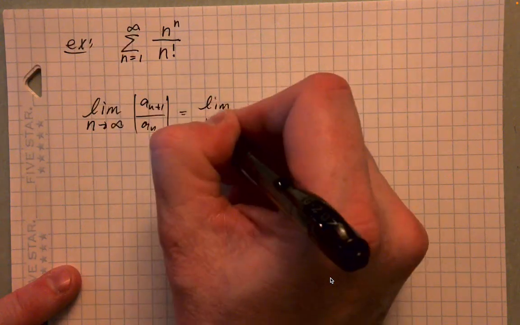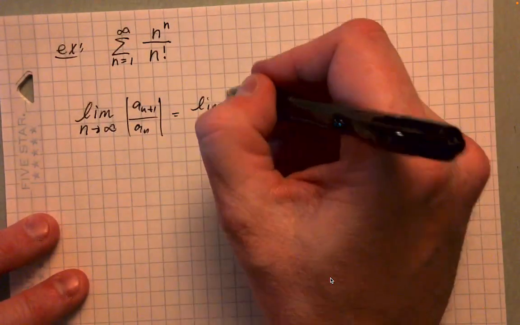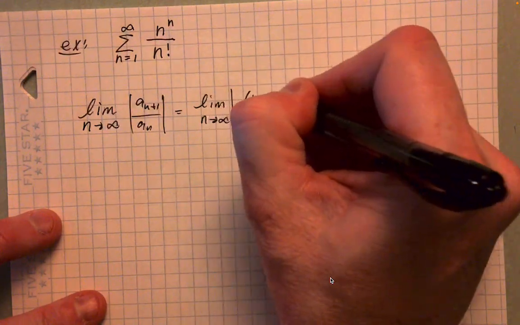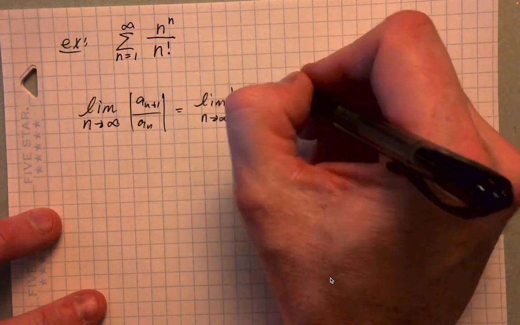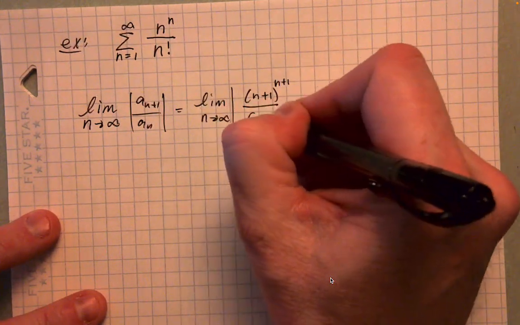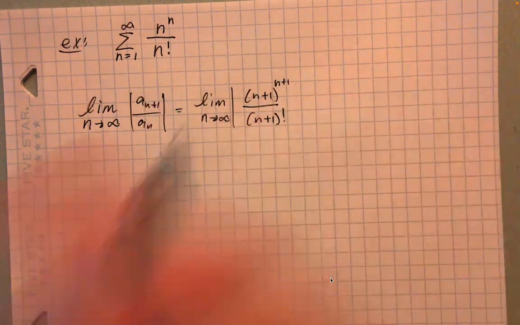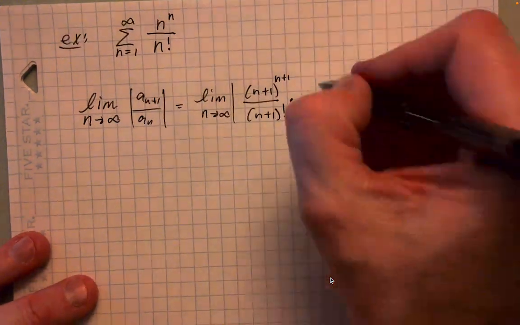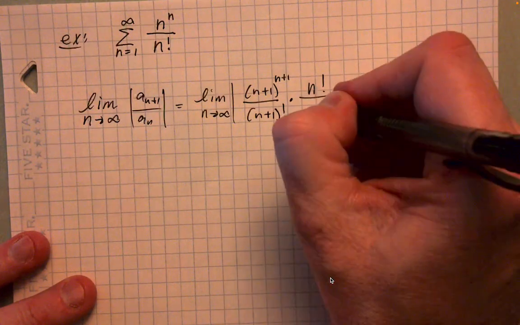Okay, and the nice thing about this is that it becomes very easy to deal with these kinds of things with a test like this. It is very robust. So plugging in our n plus 1 term and then multiplying by the reciprocal of the nth term, we get this and then this.